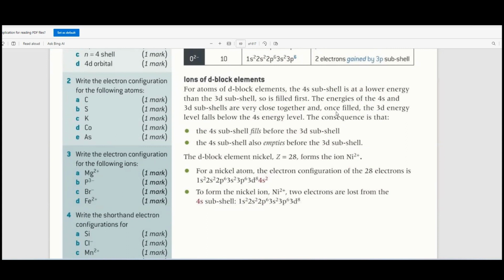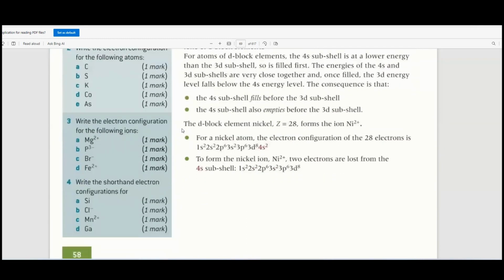Once 4s is filled, the 3d energy level falls below the 4s energy level. The consequence is that the 4s subshell fills before the 3d subshell. So we already know that the 4s subshell also empties before the 3d subshell as well. So it's the same, nothing is different here.